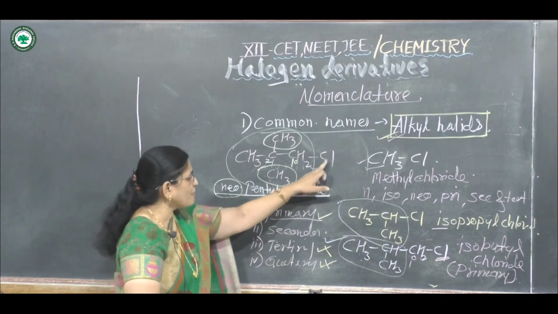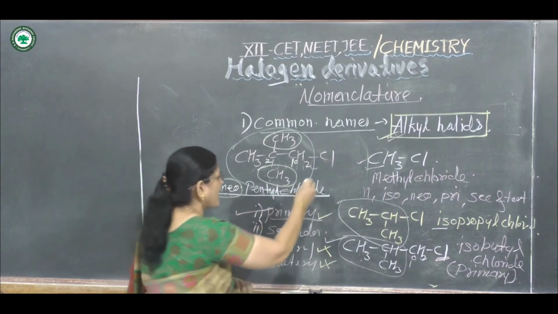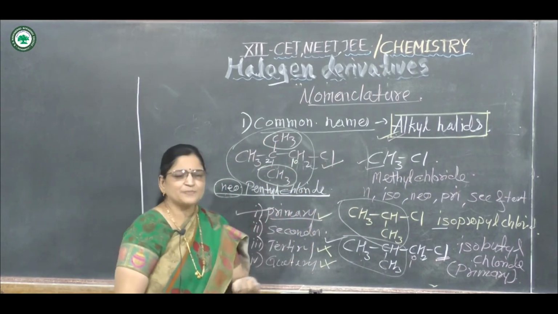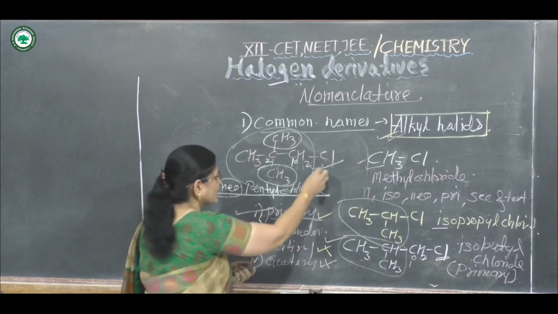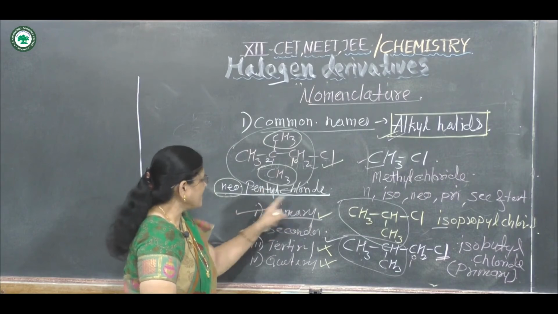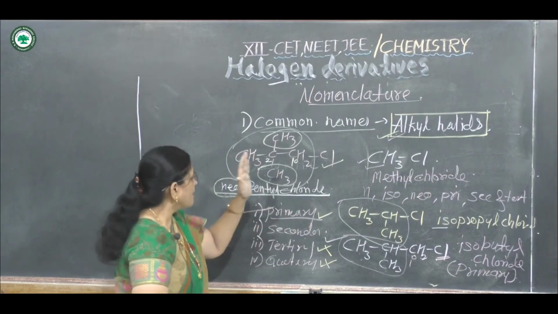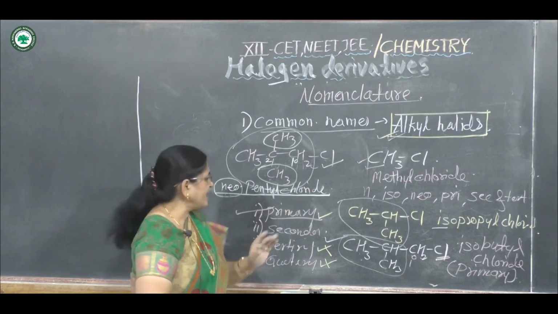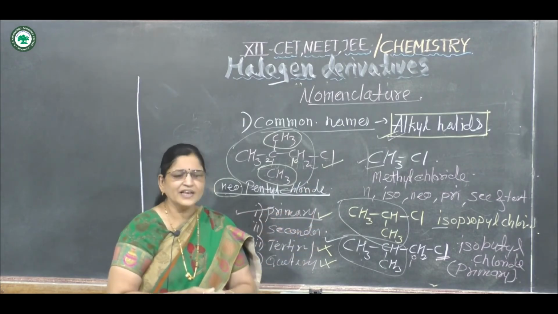What is the definition of primary alkyl halides? If a halogen atom is attached to a primary carbon atom, this is called a primary alkyl halide. This chlorine atom is attached to this primary carbon atom. Hence, neopentyl chloride is a primary alkyl halide.